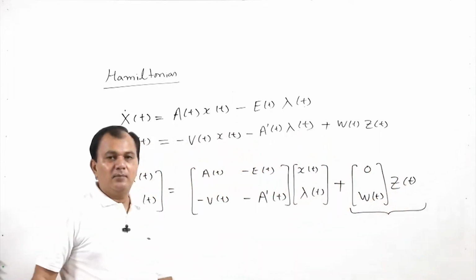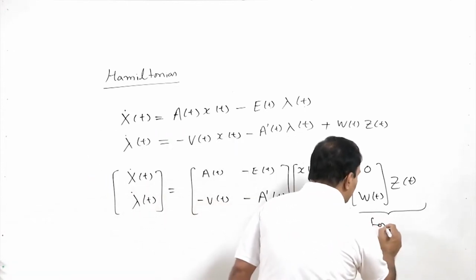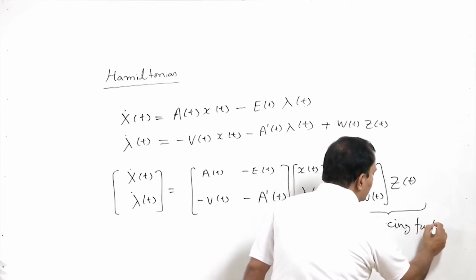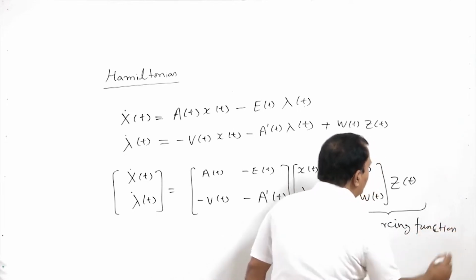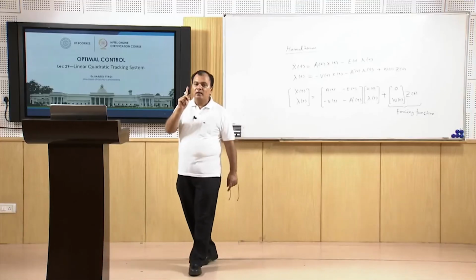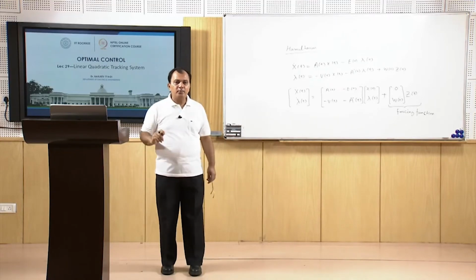this extra term, and naturally this extra term is nothing but the forcing function, because z we have taken as my reference or the desired input.